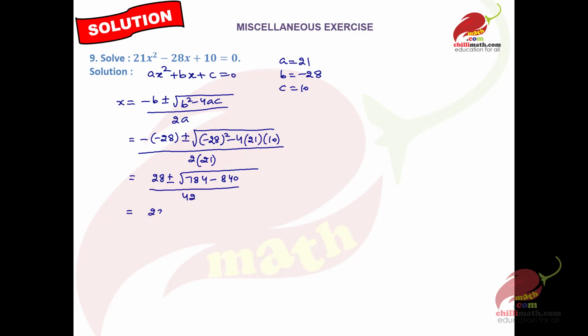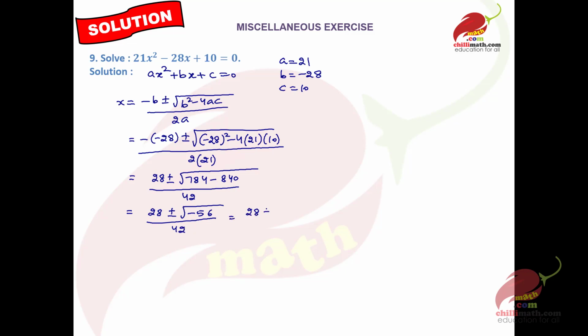On solving again, this is 28 plus minus square root of, we get 784 minus 840, which is equal to minus 56 over 42.